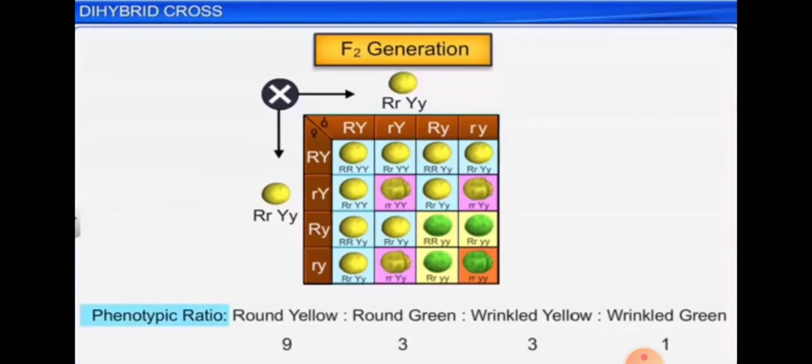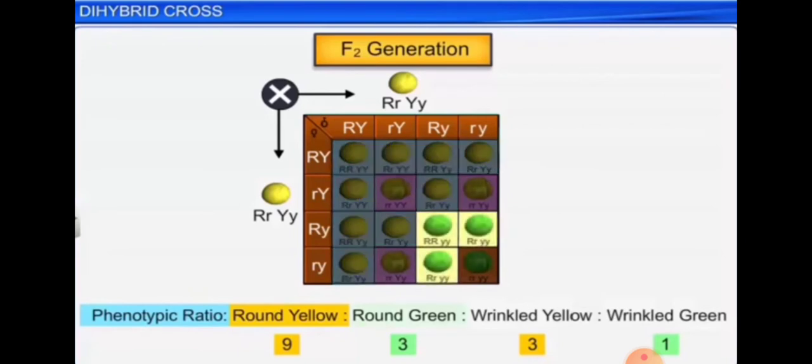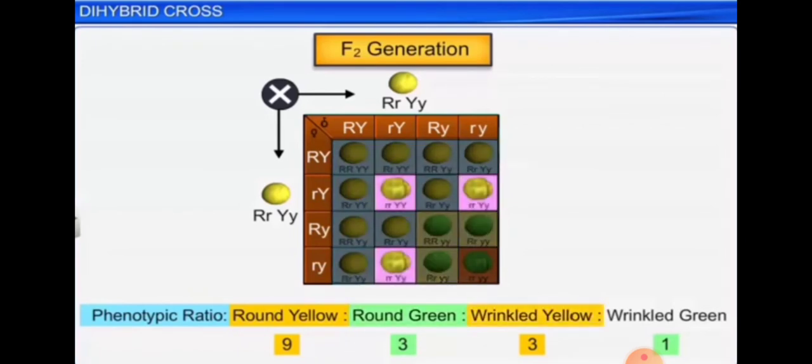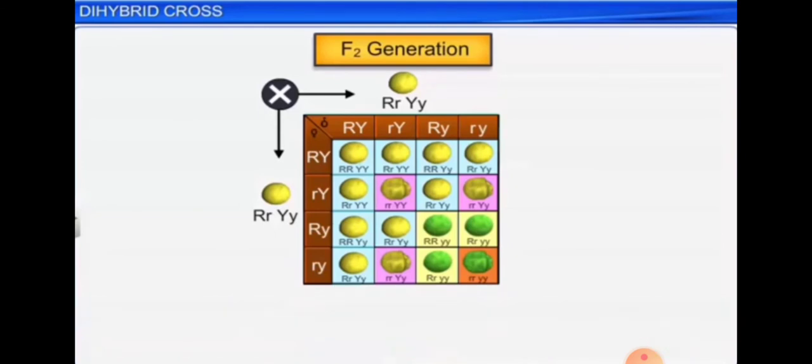Mendel also found that the phenotypic ratio in the F2 hybrid was 9:3:3:1. That is, there were 9 round yellow seeds, 3 round green seeds, 3 wrinkled yellow seeds, and 1 wrinkled green seed. Mendel got the same phenotypic ratio in several dihybrid experiments that he conducted.